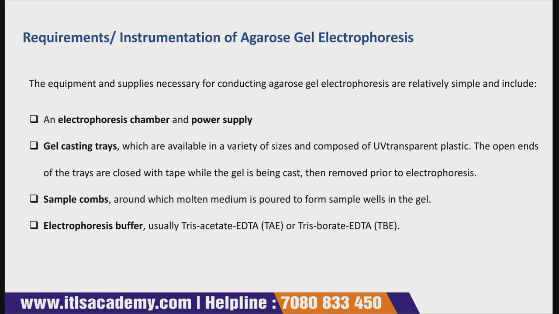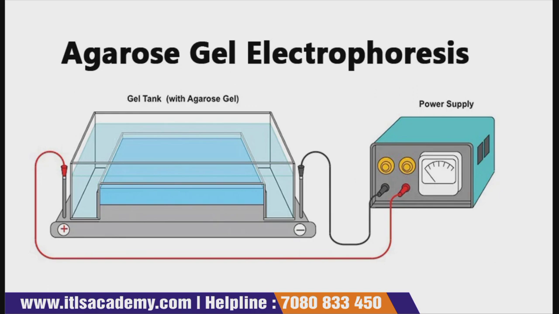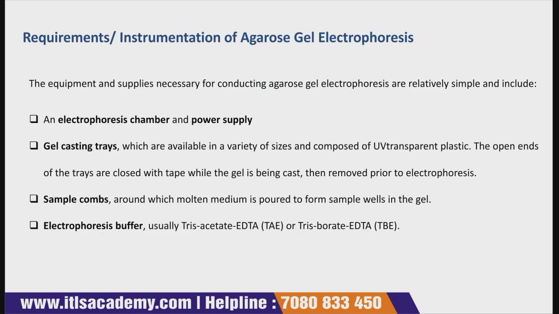The open ends of the tray are closed with tape while the gel is being cast and removed prior to electrophoresis. Now comes the sample comb, around which the molten medium is poured to form a sample well in the gel.